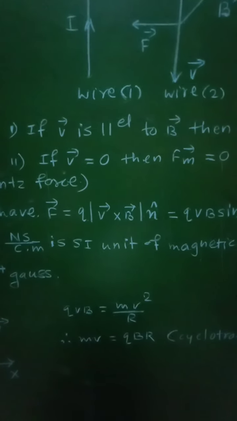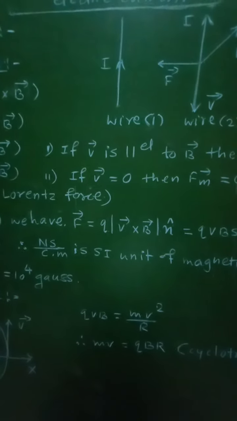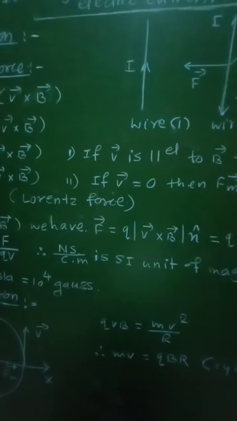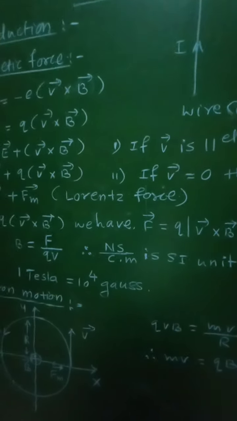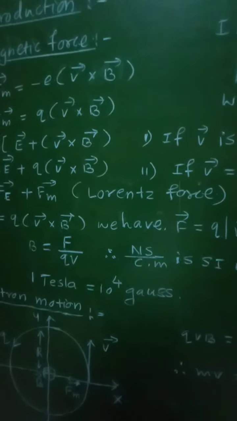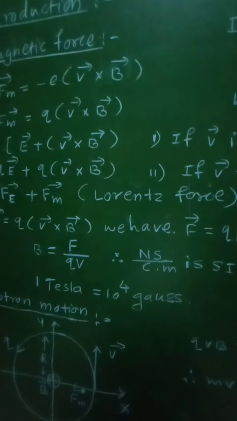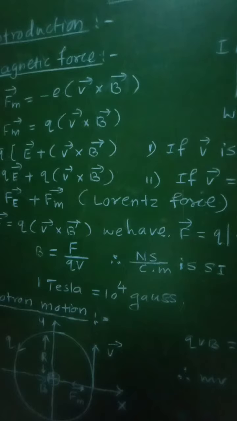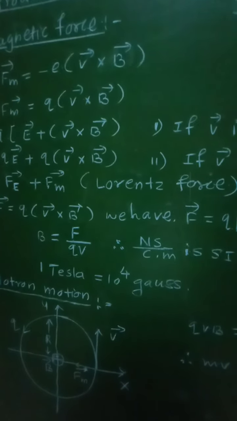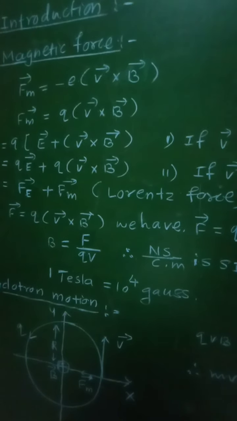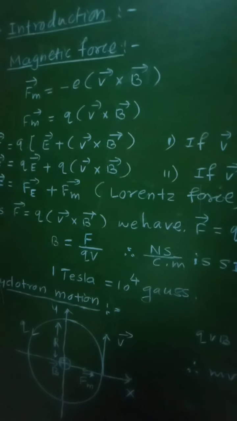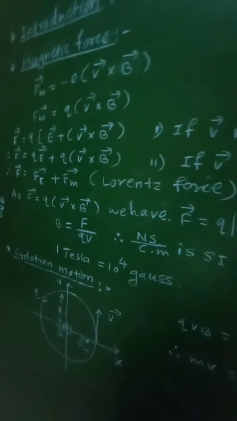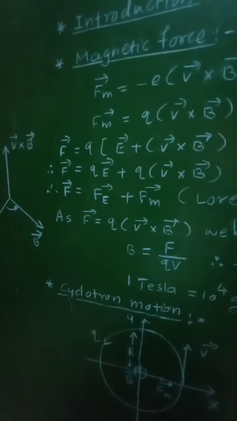So if a force of 1 Newton is acting on a charge of 1 Coulomb moving with a speed of 1 meter per second perpendicular to the direction of magnetic field B, then we can define the unit of magnetic field.